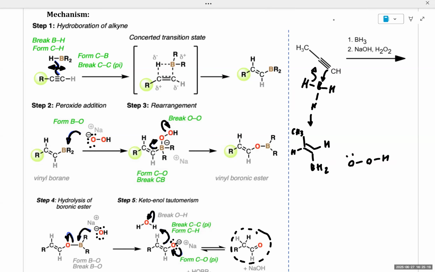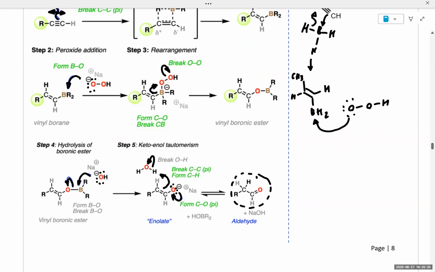From here, hydrogen peroxide attacks our boron atom. That in turn yields the following intermediate. From here, we have an alkyl shift.